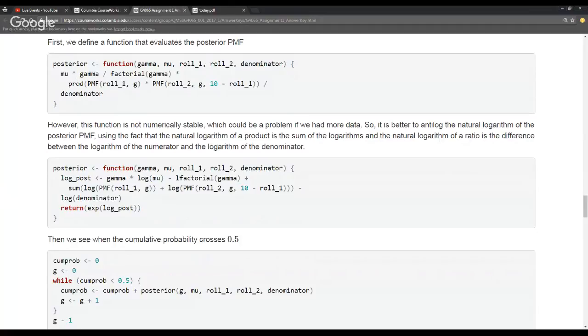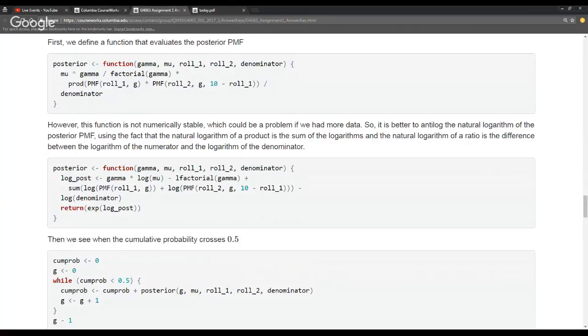And so if you symbolically apply the natural logarithm to this expression in the posterior function here, utilizing the fact that the logarithm of a product is equal to the sum of the logarithms, the logarithm of a power, you bring down the exponent and then take the logarithm of the base, the logarithm of a ratio is the difference between the logarithm of the numerator and the logarithm of the denominator, all those sorts of things.